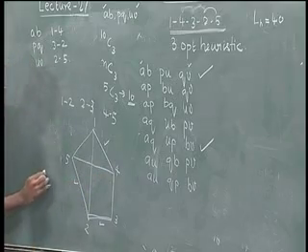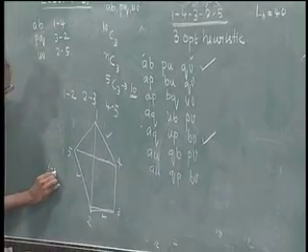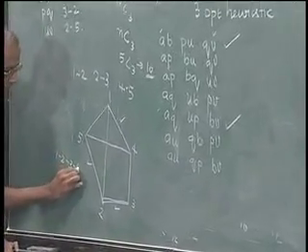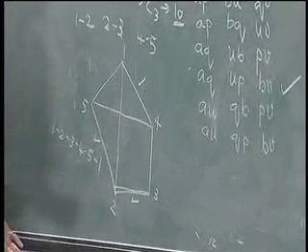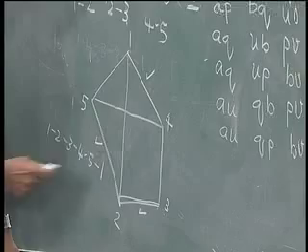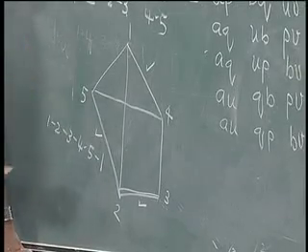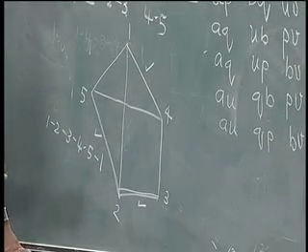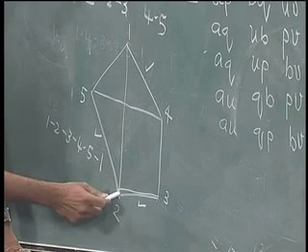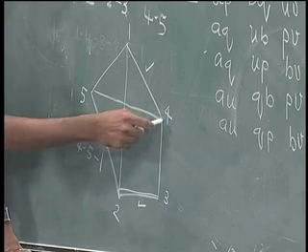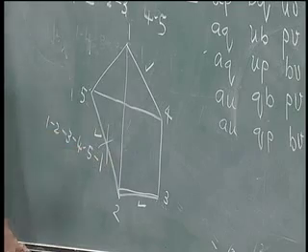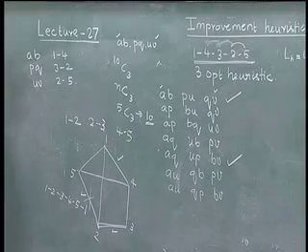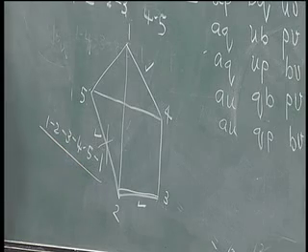So, the new solution will be 1,2, 2,3, 3,4, 4,5 and 5,1. This remains in the solution, this remains in the solution. So, 2,5 goes out of the solution, and we get a different solution out of this.